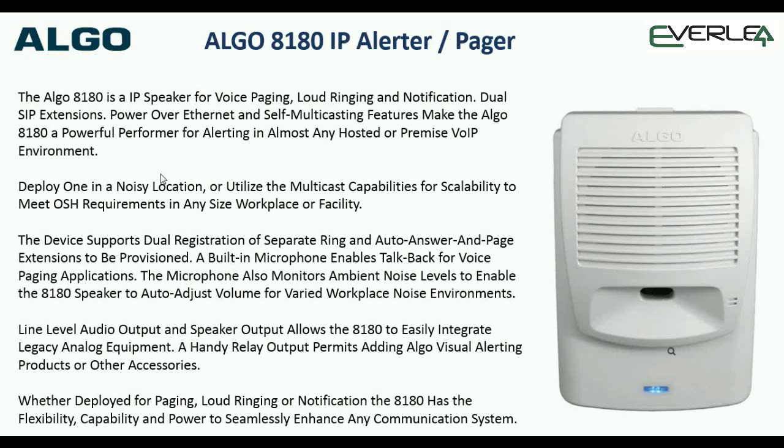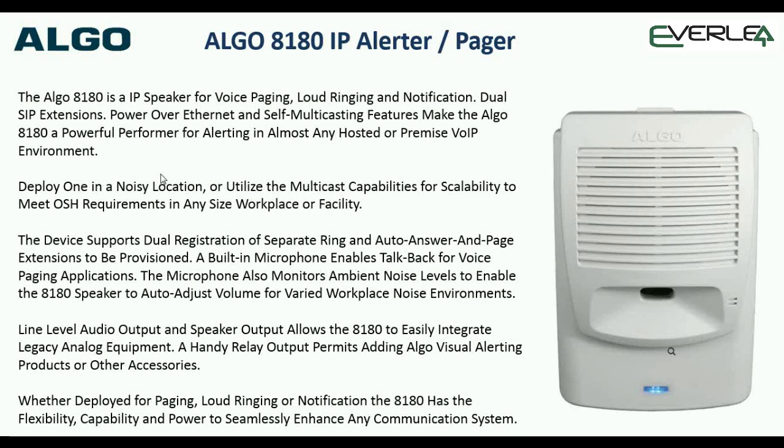Basically, as an alerter, it can be set up to, for example, act as a loud bell. So if we put a new cloud-based hosted system or a local IPPBX installation into a business, and this particular customer has a warehouse or a workshop area that they used to have a loud bell in on the old analog system, we will need a voice over IP equivalent to replace it with.